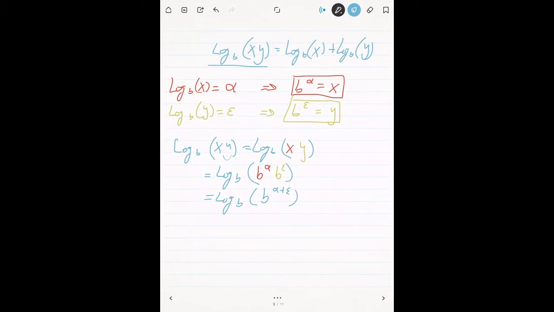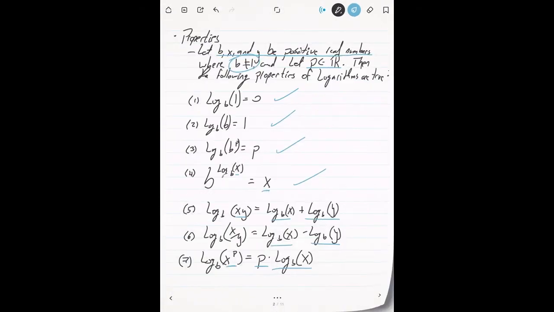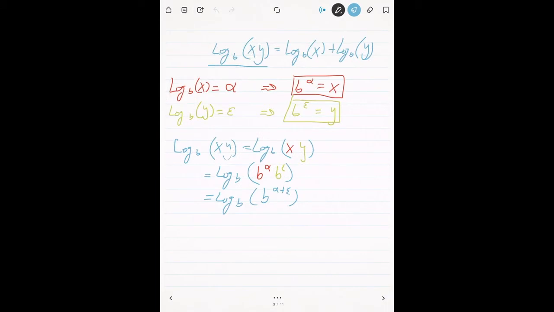Well, let's take a look here. Log base b of b to the alpha plus epsilon power, didn't we have a property before? Didn't we say when you have log base b of b to a power, you just have what that power equals? So log base b of b to the alpha plus epsilon is equal to alpha plus epsilon.